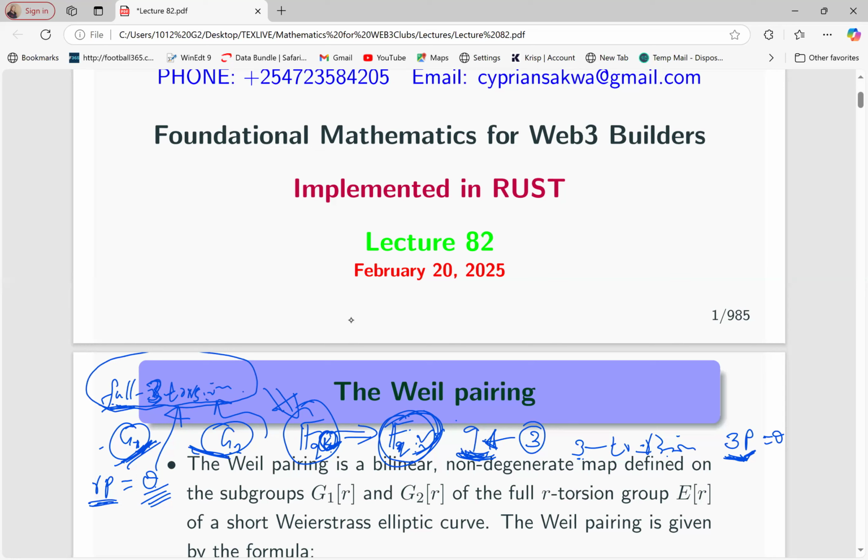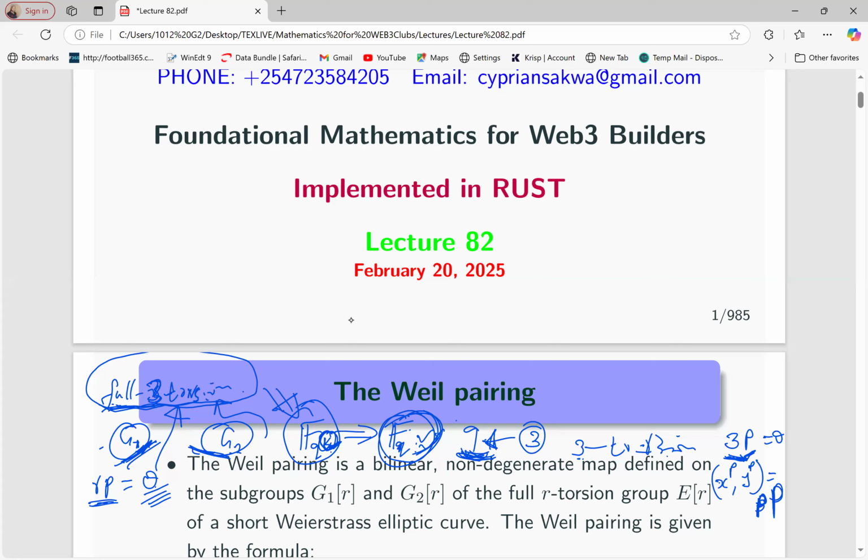So our G2 will comprise all those elements that would satisfy the condition, the Frobenius endomorphism we discussed last time: the X value raised to p and the Y value raised to p will give you the point raised to p.